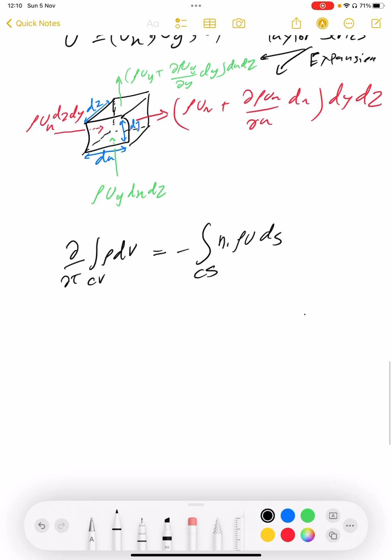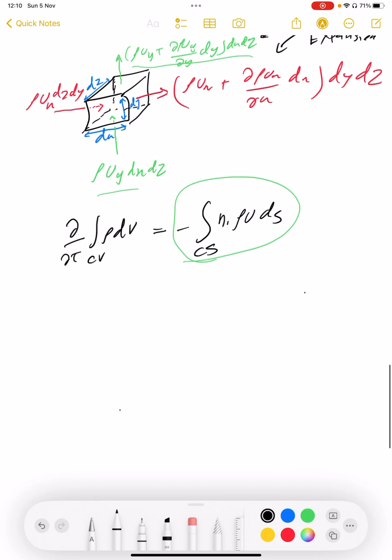I just showed you how much mass is coming through different surfaces. So these are these terms and these terms here. So this would be this side of the equation. And the variation in time of the control volume would be, so okay, rho dx dy dz, right?